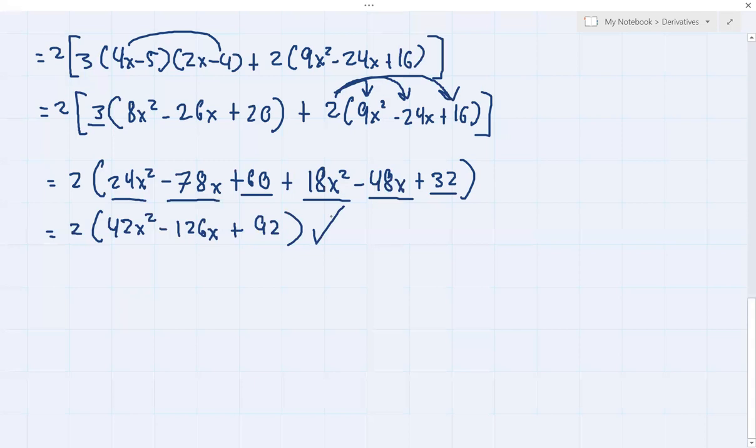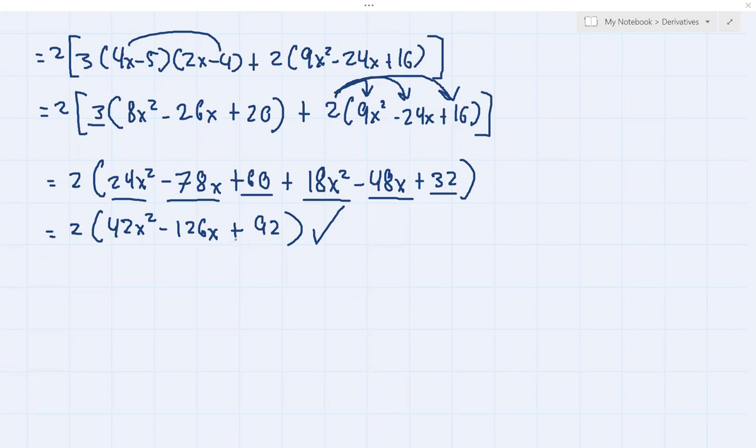Or actually, this can still be simplified. I think this is factorable in terms of their greatest common factor. Let me check their greatest common factor. Okay, I'm back. So, 42x squared, negative 126x, and 92, all of them are divisible by 2.